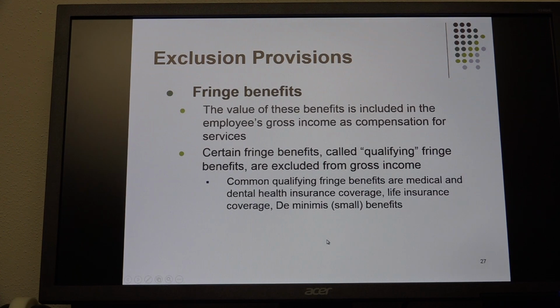Fringe benefits. You receive coffee at work. That's not taxable to you, the value of the coffee that you use. There's others. There's things such as, you may work at or may have worked at a retail place where they give you discounts on purchases of stuff.